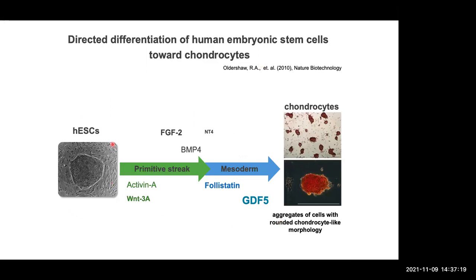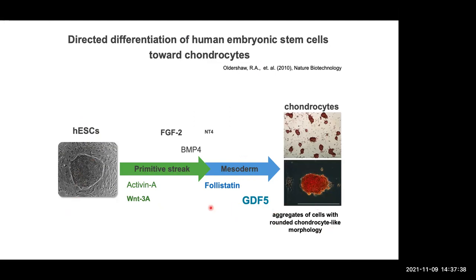The left side starts from human embryonic stem cells. It's like a tiny little island, not yet designed for what it wants to be, but we are going to direct them slowly to become nodules with chondrocyte-like morphology.